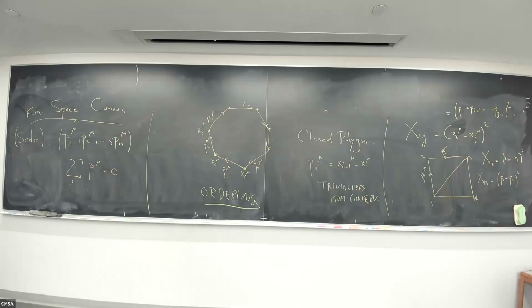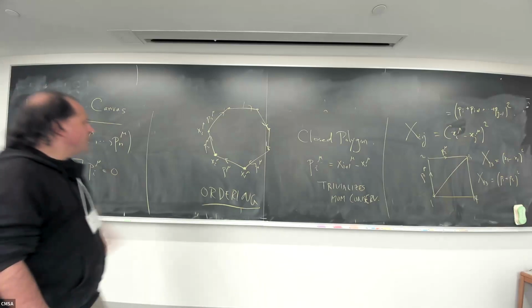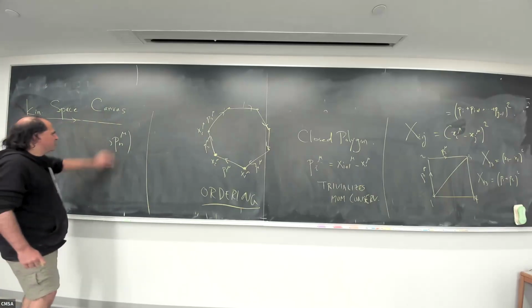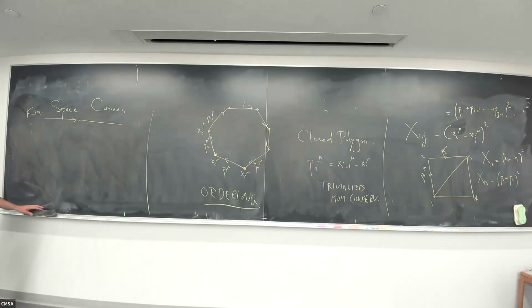Now, it's a very nice fact, just by counting, which we're going to do in a moment, that in fact these x_ij's are a basis of all the possible dot products. They fully specify all the possible dot products that you could actually have. So if we forget about this picture for a second and come back to the most naive kinematic space in terms of dot products, then maybe we could define these objects p_i dot p_j.